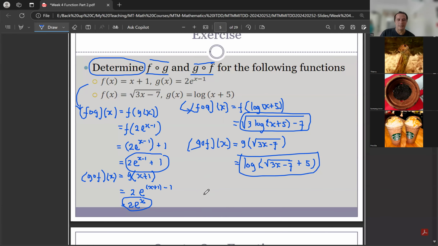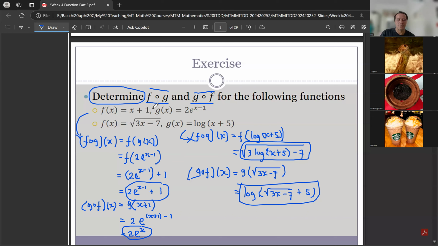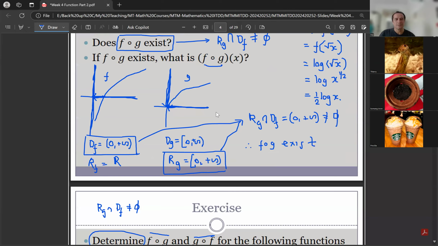Again, in this problem we don't need to determine the requirement, the intersection of the range of g with the domain of f, because there is no question about it.